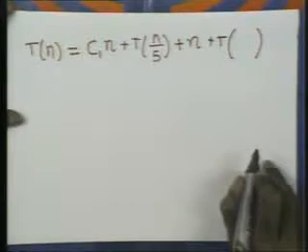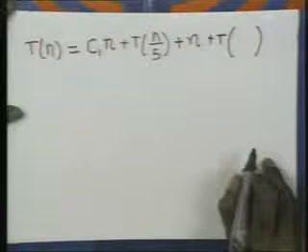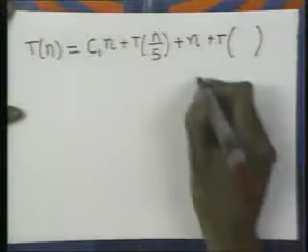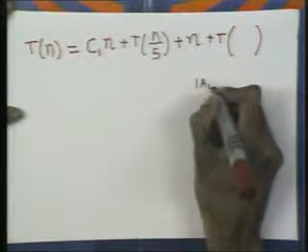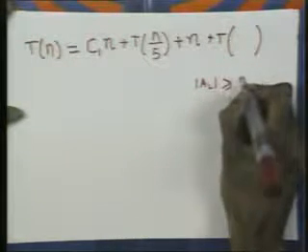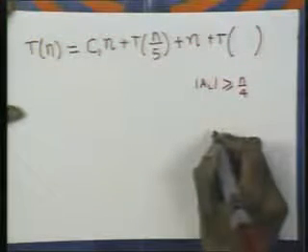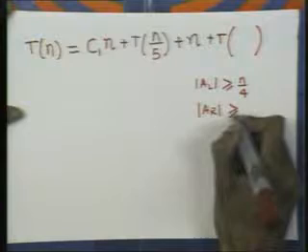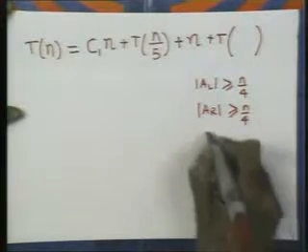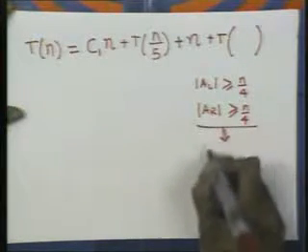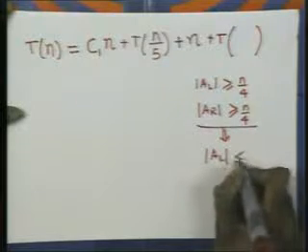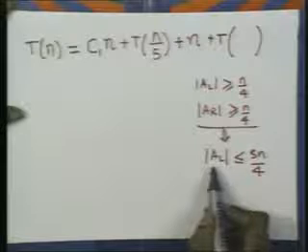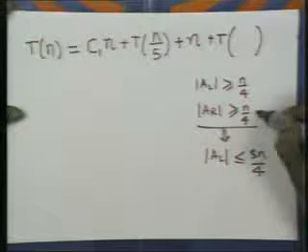Well, both AL and AR: notice the size of AL I know is at least n/4, right? Size of AR I know is at least n/4. Now this implies that size of AL is less than or equal to 3n/4. Why is this? This is because size of AR is at least n/4.